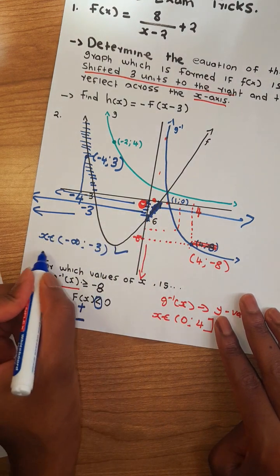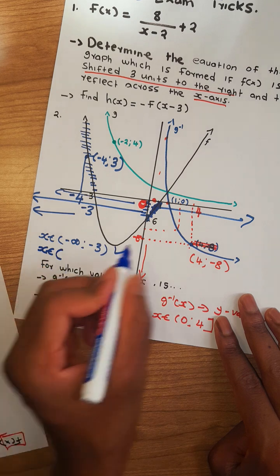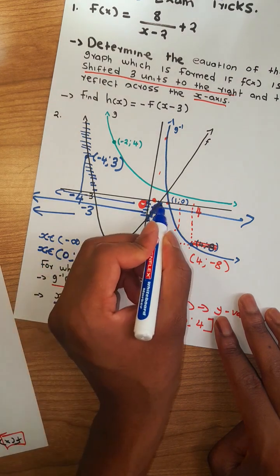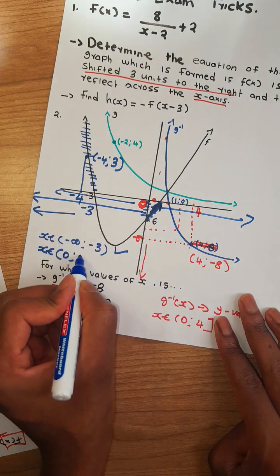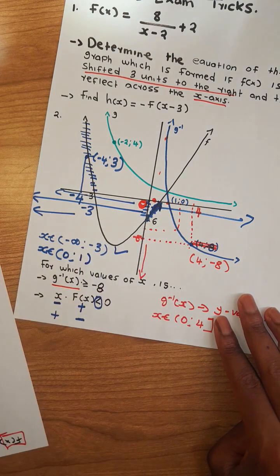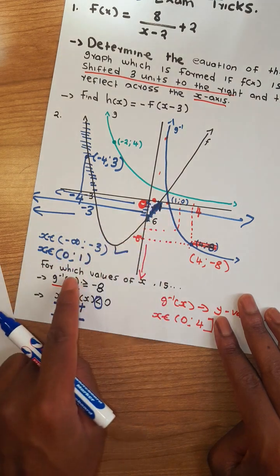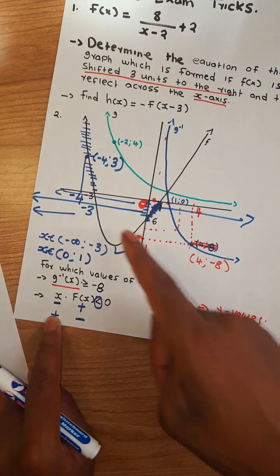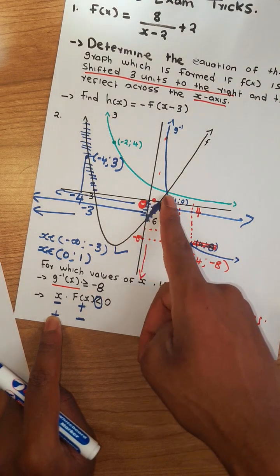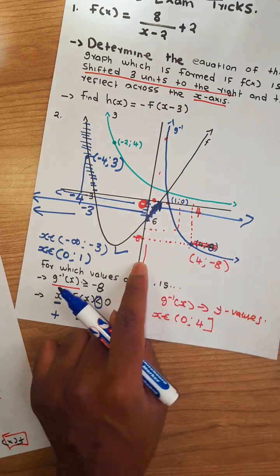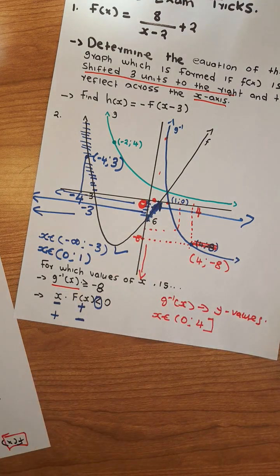So you realize that our second answer is going to be x from when x equals 0 until x equals 1. This point is 1. We are going to meet this statement. From x equals 0 until 1, we are going to meet this statement. X is positive from 0 to 1. And then the value of y at this point is a negative. So that's how you actually answer this question.